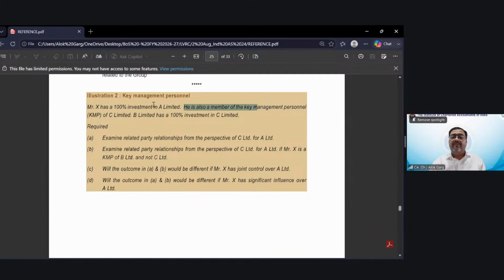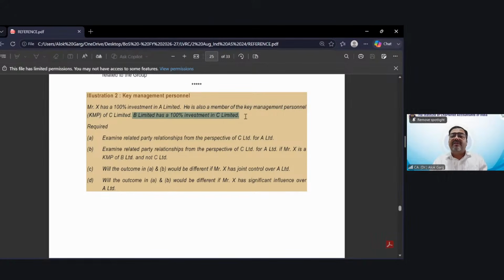He is also a member of the KMP of C Limited. So Mr. X has control in one entity and is KMP of another entity. These two entities, A Limited and C Limited, will become related parties.